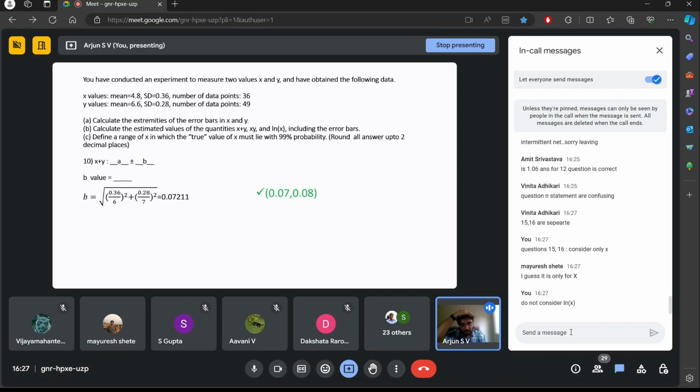You already know the mean of x, which is like 4.8. You have to plus and minus 2.56 standard errors from that, which will be I think 2.56 into 0.06 some value, and you have to add and subtract that to get the value, and then you can put that as lower and upper limit.